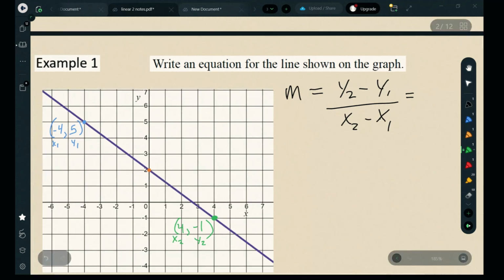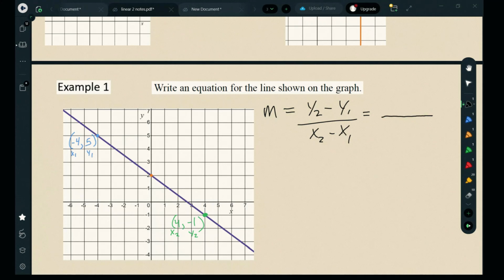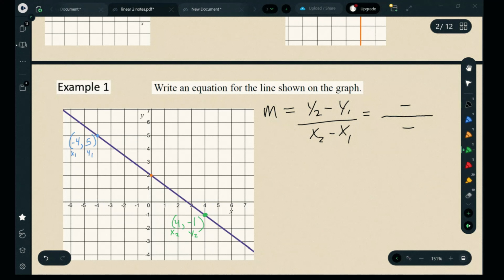Let's go ahead and do that, and let's see what we get. After that, I'll show you a different way to calculate the slope. So we have subtraction on the top and the bottom. Y2 is a -1 minus Y1, that's a 5.